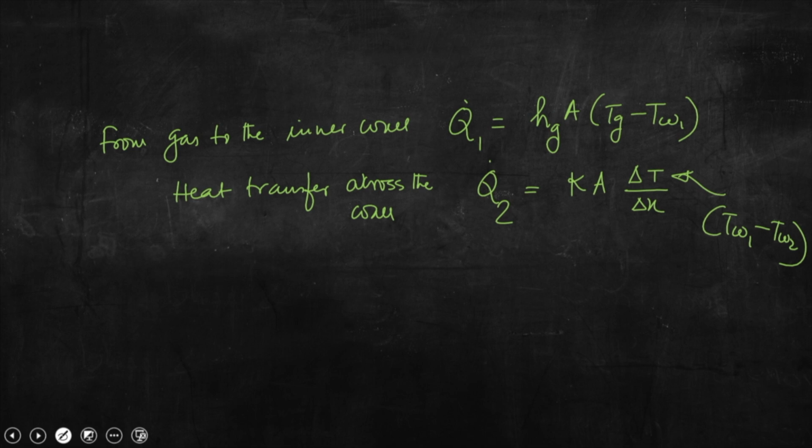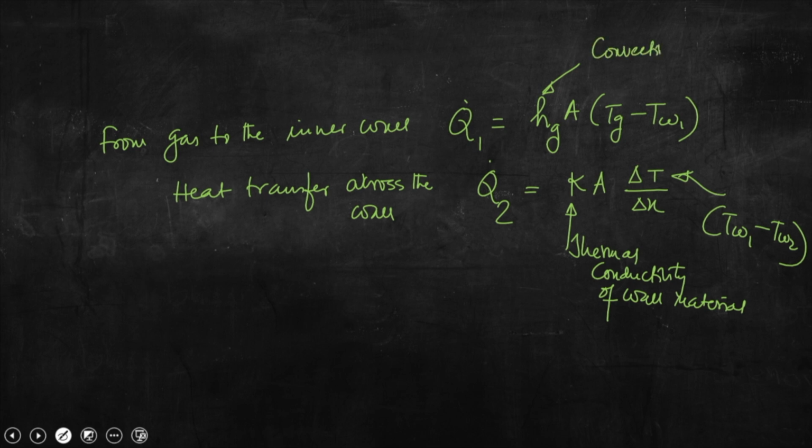So, this K is the thermal conductivity of wall material, right, and this H is the convective heat transfer coefficient of gas.